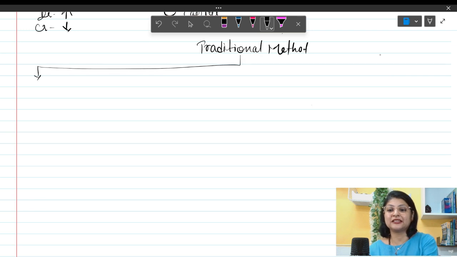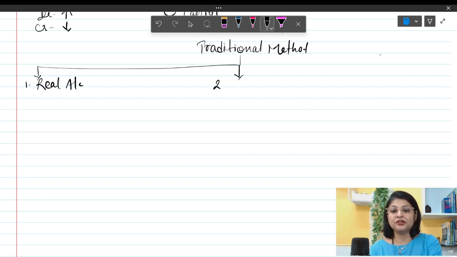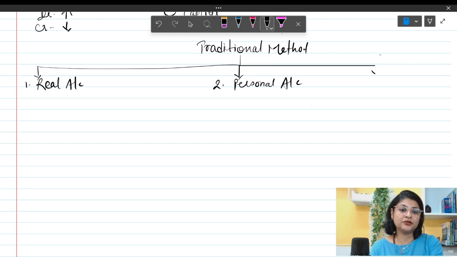Number 1 is known as real account. Number 2 type of account is known as personal account, and there will be further classification of personal account. The third type of account is known as nominal account. Okay, these 3 accounts are there. Now let us understand what is a real account.